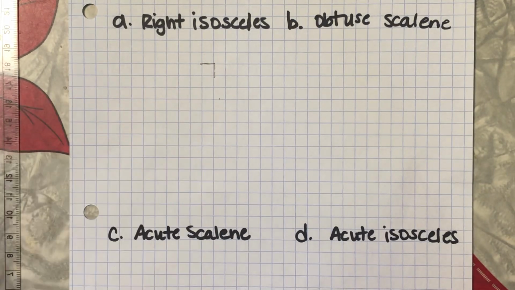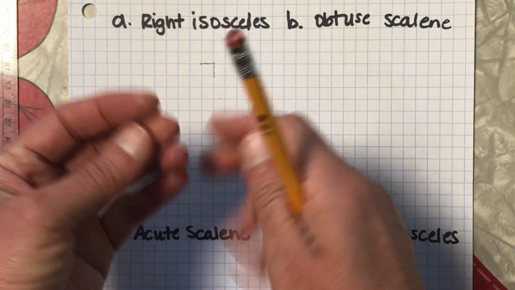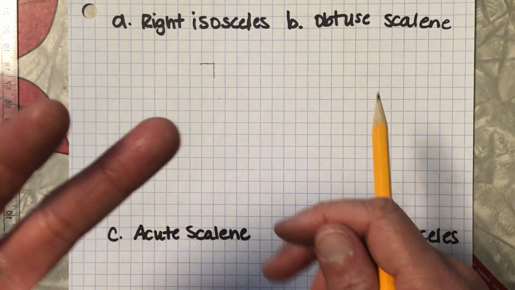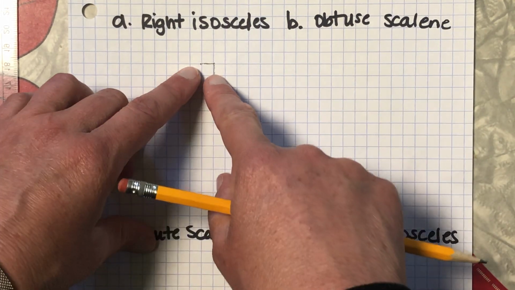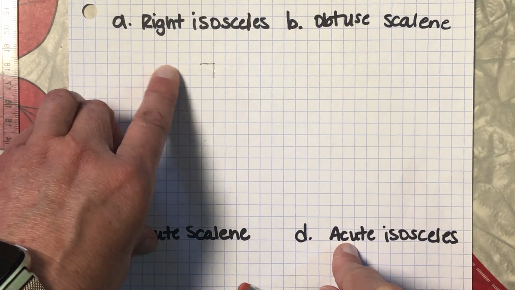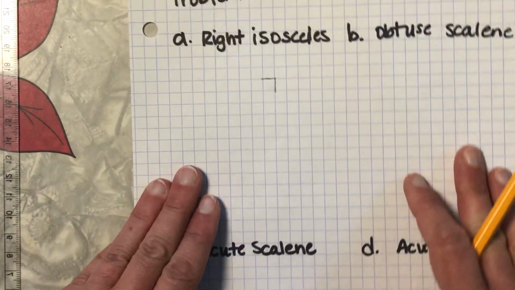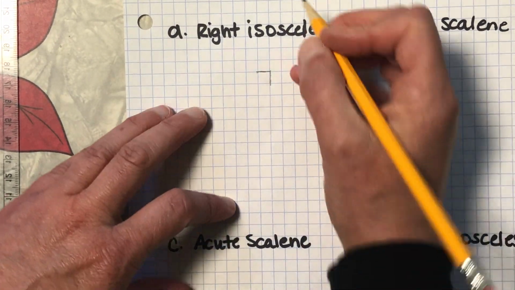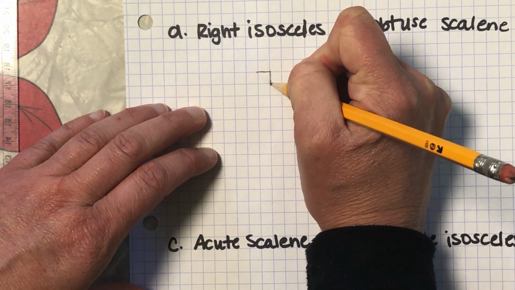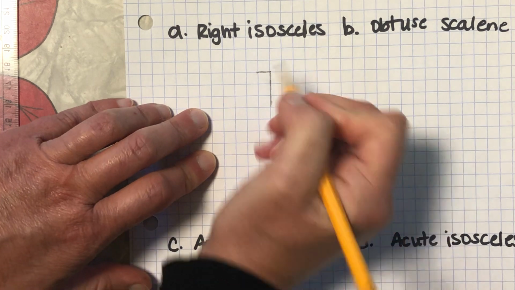And this one's going to be really easy to make since I'm making a right triangle. That's isosceles. I need 2 sides that are the same length, so this is going to be really easy. I'm just going to count the same number of units to the side and down, and I'm going to have my isosceles triangle. Okay, I think I'm going to just make these 3 units. 1, 2, 3. This is going to be a little bitty triangle.